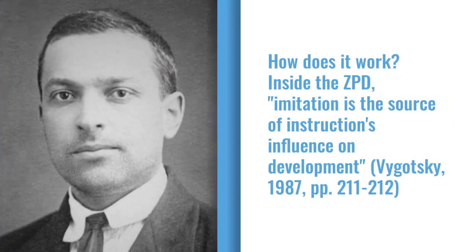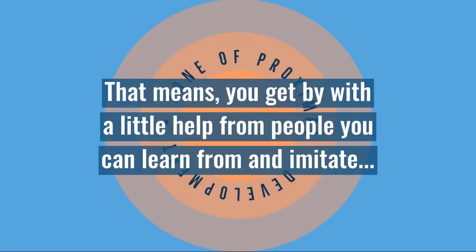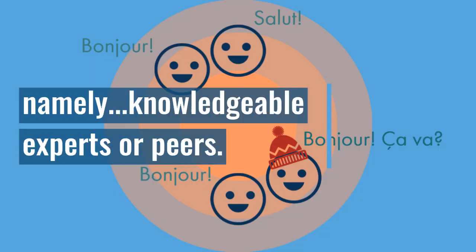How does it work? Inside the zone of proximal development, Vygotsky tells us imitation is the source of instruction's influence on development. That means you get by with a little help from people you can learn from and imitate, namely, knowledgeable experts or peers.